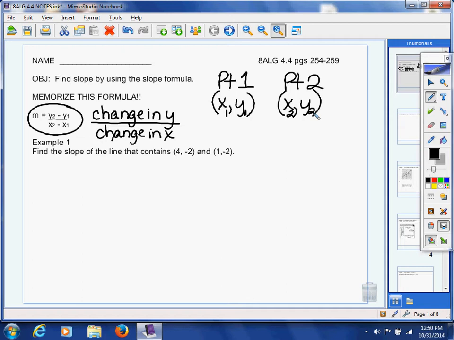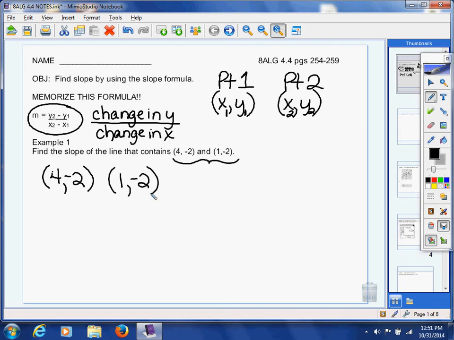Now let's look at example 1. It is asking us to find the slope of the line that contains these 2 points, (4, -2) and (1, -2). Well, we want to distinguish between them. We want to pick one of them to be point 1 and the other one to be point 2.